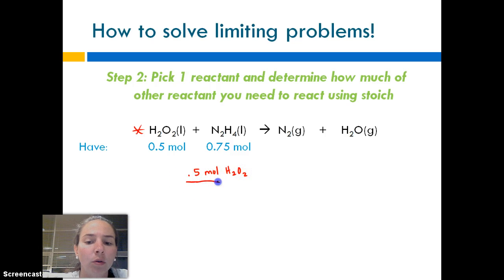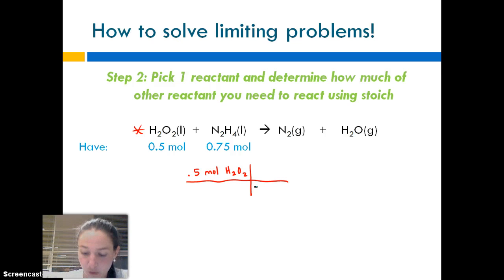And I am going to try to figure out, well, how many moles of the N2H4 do I need to react with 0.5 moles of the hydrogen peroxide? In order to do that, I need the balanced equation.